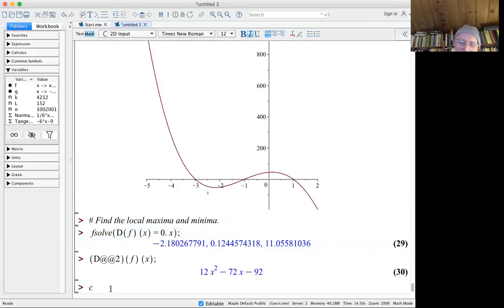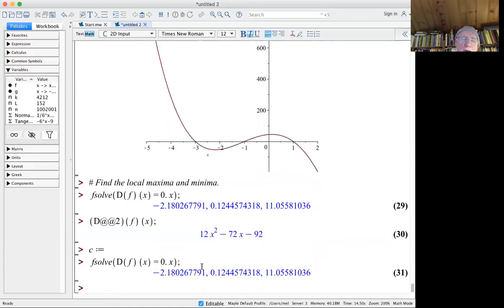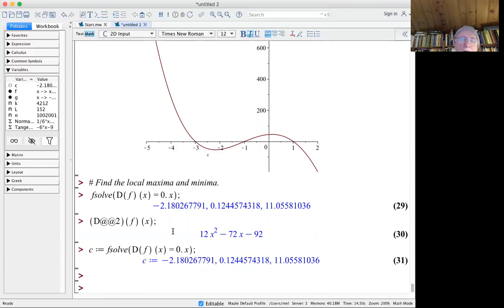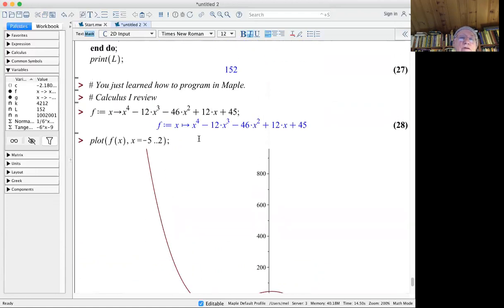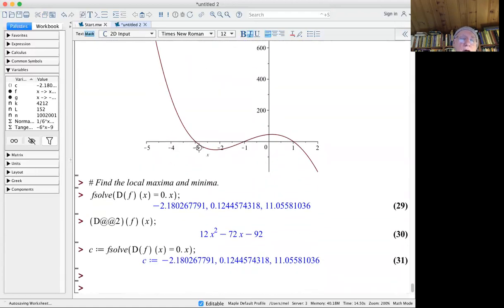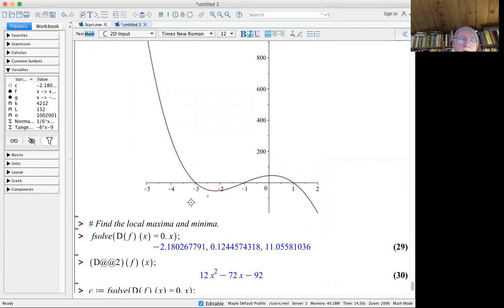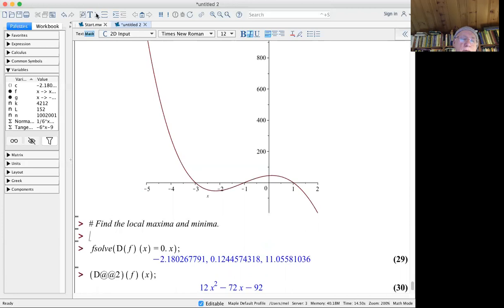Suppose let C be equal to this. Oops. So when I asked, where was the first derivative? First derivative, oh, I didn't, yeah. Oops. Let me put this in here just so we can see.